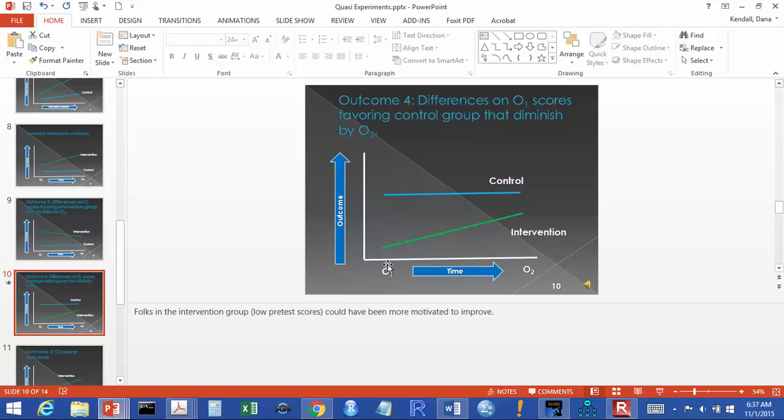And I'll show you a design that employs that strategy here in a minute. Perhaps folks in the intervention group were more motivated than the controls because they tested so low, and so they worked very hard, and so that would be a case where that motivation would be difficult to tease apart from the actual effect of the intervention.